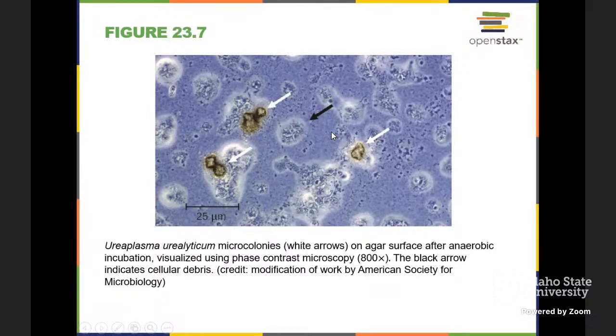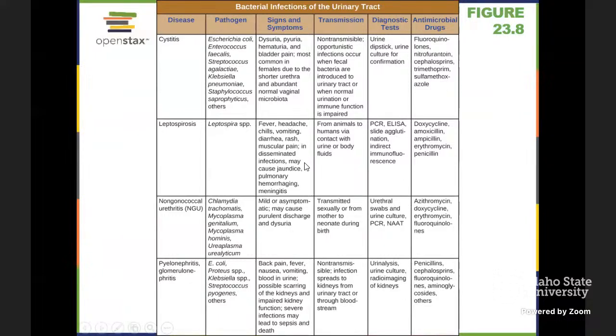And then we've got just cellular debris. So lots of that stuff that you need to kind of weed through to recognize the Ureaplasma. Also, I feel like you guys did the urease tests and saw those tubes turning bright pink with Proteus, likely was the one that did that. I feel like these should do the same, but that would be a different situation because it'd have to be cultivated anaerobically and not just in those little slip cap tubes.